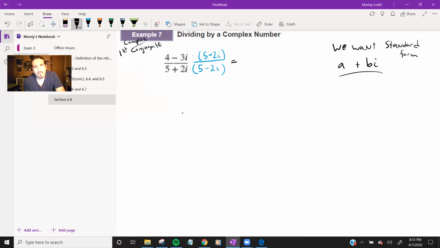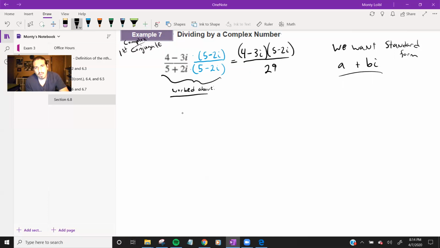So what we have now is 4 minus 3i times the quantity of 5 minus 2i, all divided by 29, right? This here was worked above. We'll have another example just to get some extra practice here.